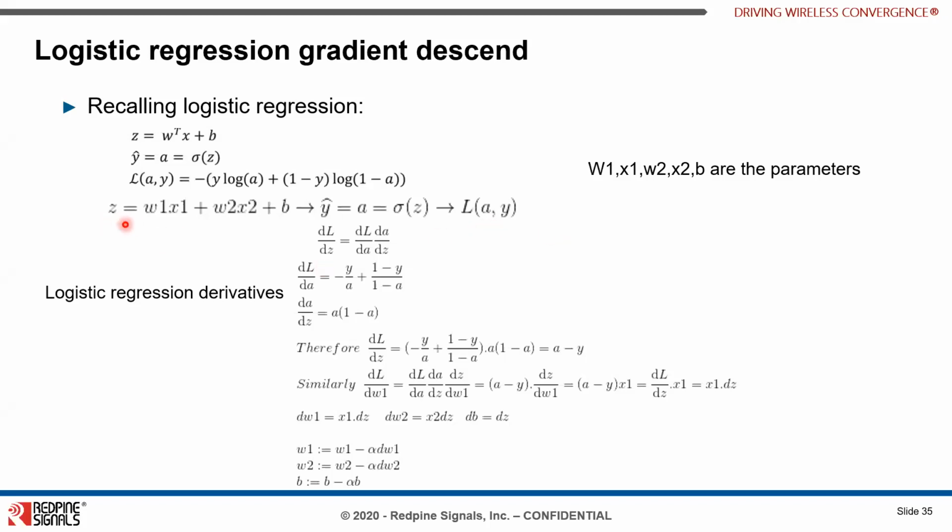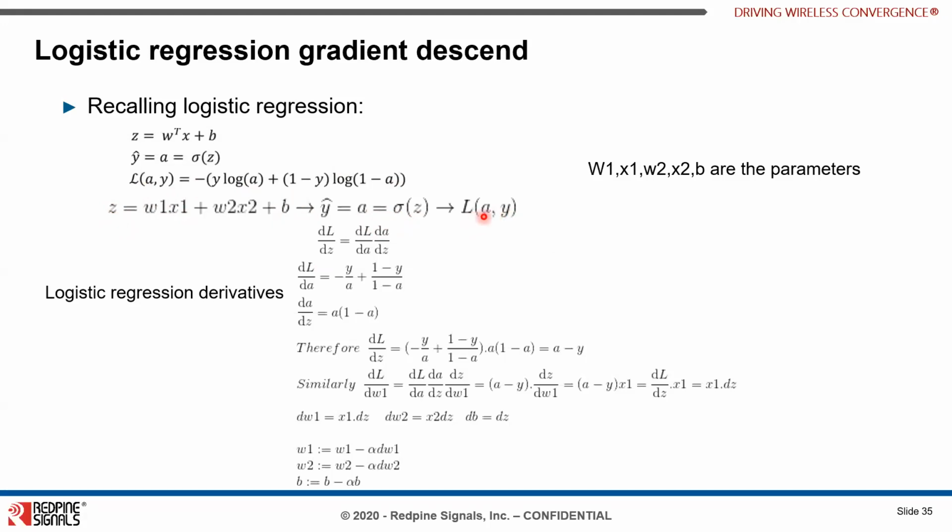If there is a change in any one of the parameters, it results in a change in z. If z changes, a will change, because a is sigma of z. And if a changes, L will also change, because L is a function of a and y. Y is the actual value and a is the calculated value.